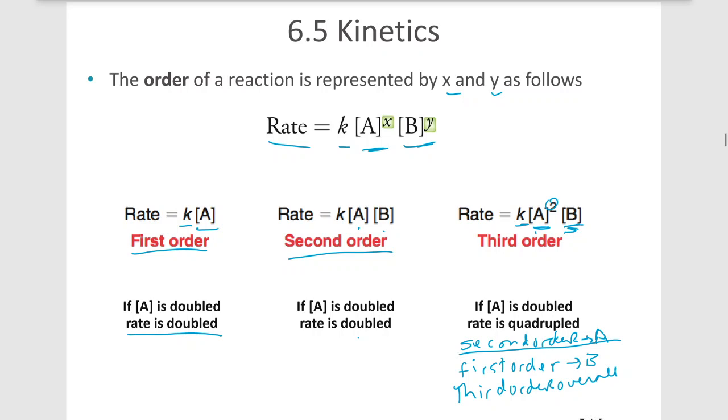So if you double that, then you're going to have 4, and 4 squared is 16. So you're going to be quadrupling the rate. Okay. However, if you just double, say, B, then you're just going to be doubling the rate.